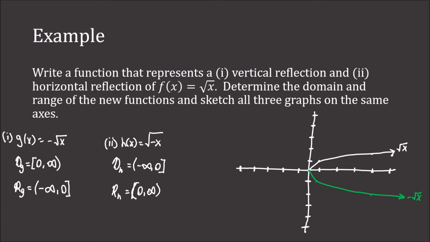If we now look at the square root of negative x, again, it's a perfect mirror image of square root of x, except it is flipped across the y-axis.